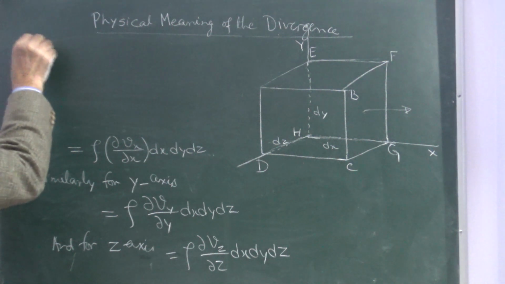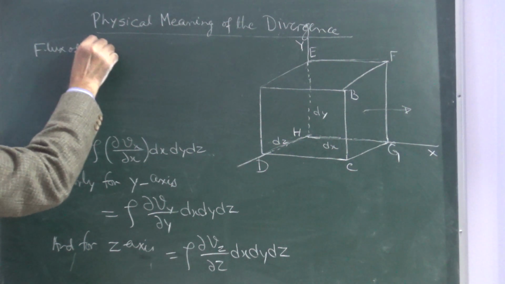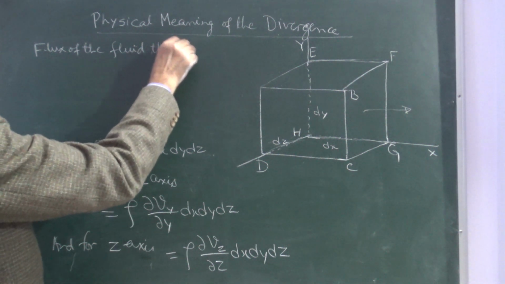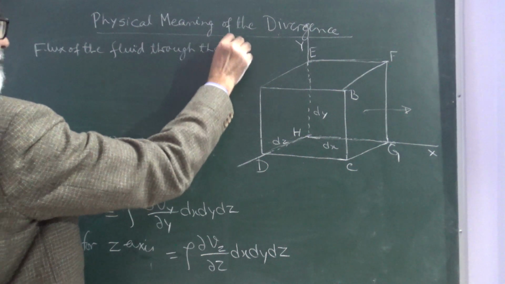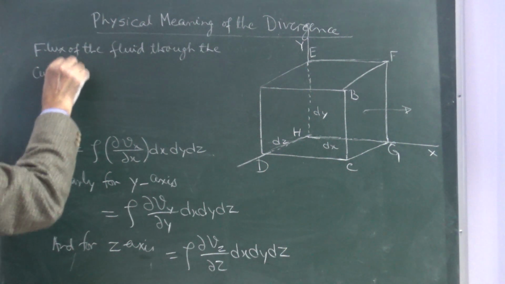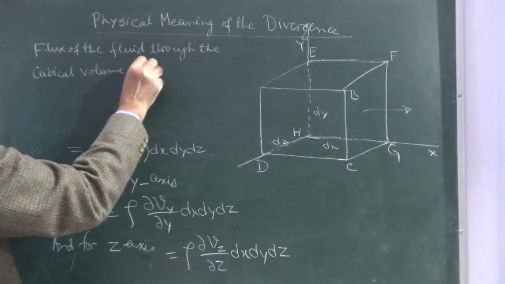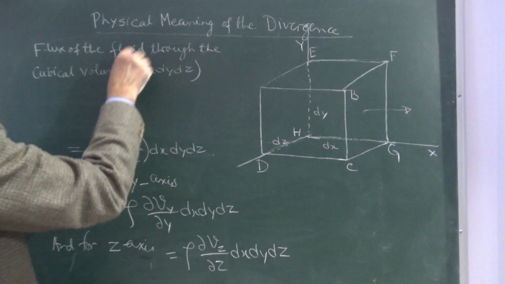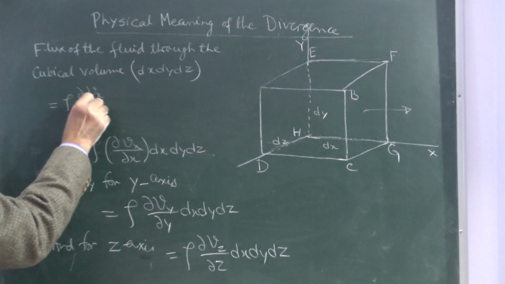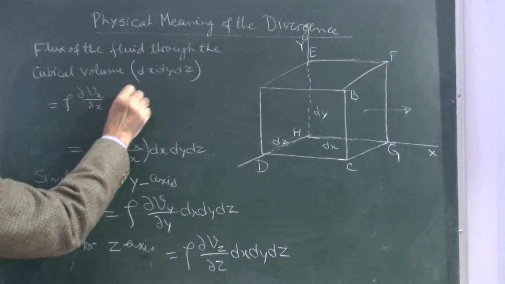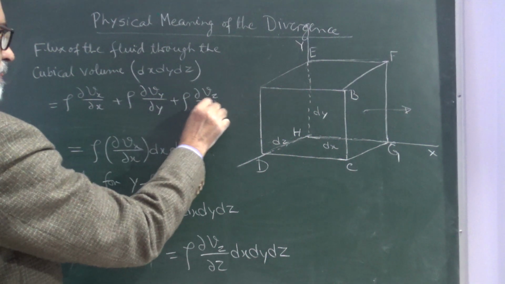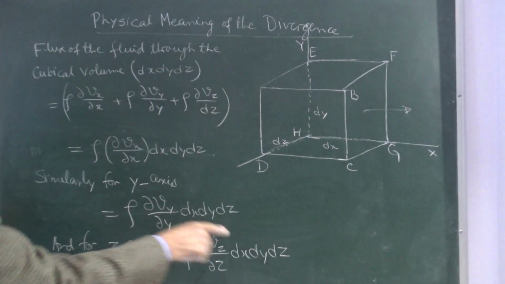So the flux of the fluid through the cubical volume, dx, dy, dz, this is the volume, is equal to rho times dvx by dx plus rho times dvy by dy plus rho times dvz by dz. dx, dy, dz you can take out.